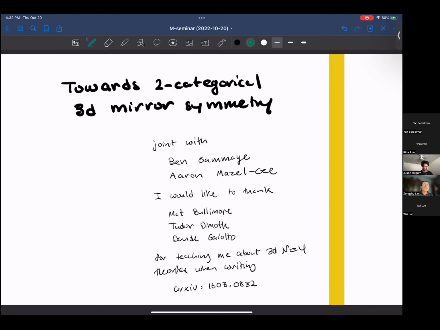So I really want to thank Matt Volibor, Tudor Dimofte, and Davide Gaiotto for teaching me about 3D N=4 theories, especially when writing my first paper with them. Because in some sense, this is basically a proposal that's hidden in an appendix of that paper that I've sort of managed to make into math.